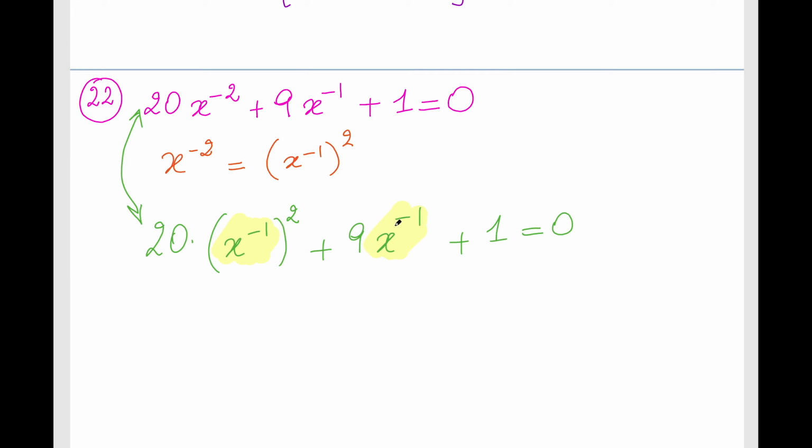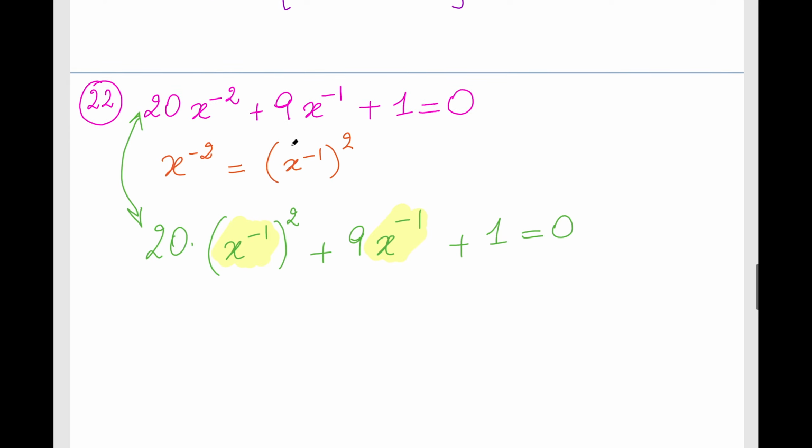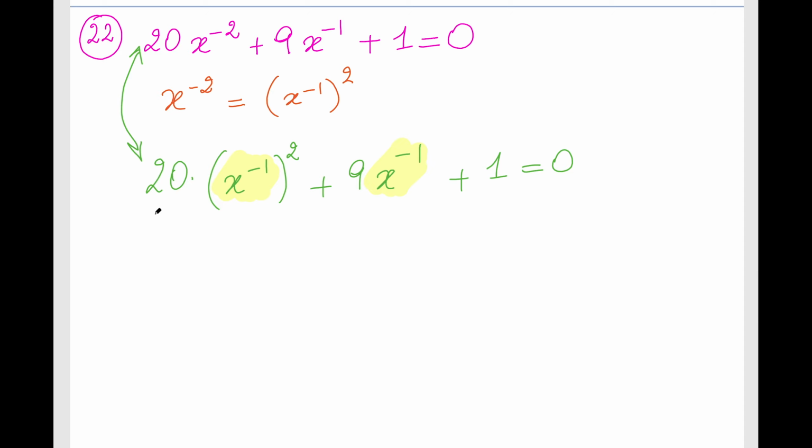That guy and that guy are the same, so this whole thing becomes the square of that guy, right? As such, we're going to introduce a new variable. How about z as a variable? So that's the guy x to power negative 1.